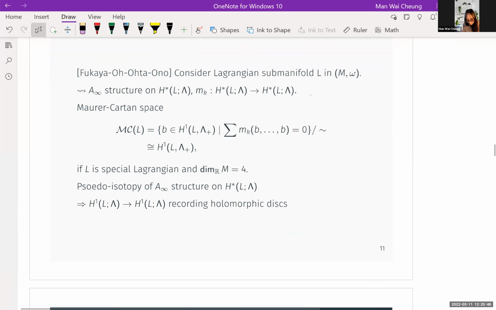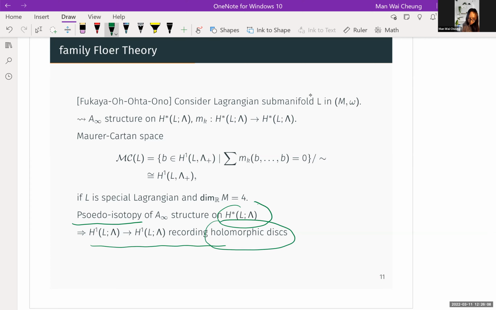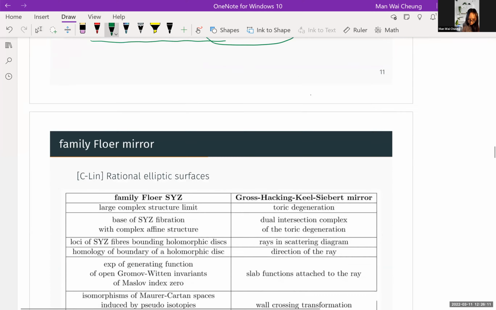And then the story of what Fukaya proposed for the family Floer mirror. Here we have the pseudo-isotopy of the A infinity structure of the cohomology ring, which again you can see is similar to the GHK theory. This map we call the Kuranishi of the holomorphic disk.